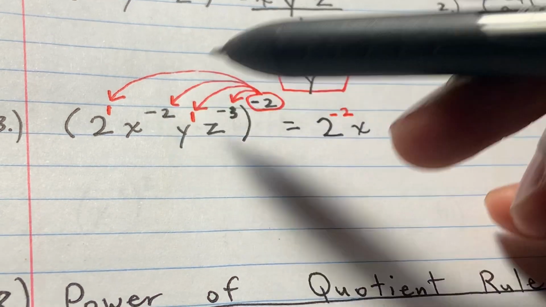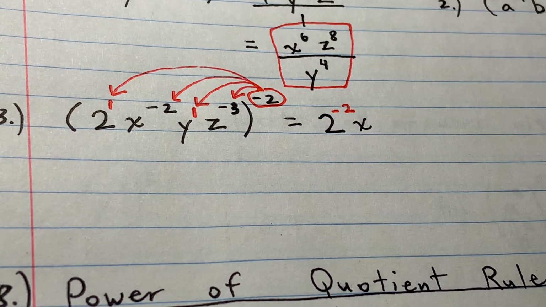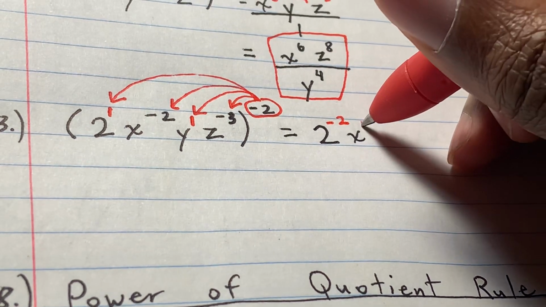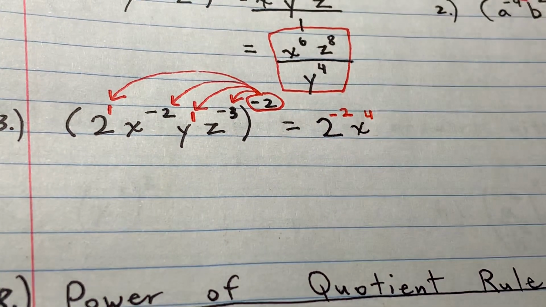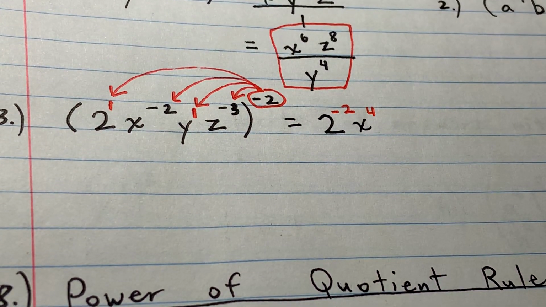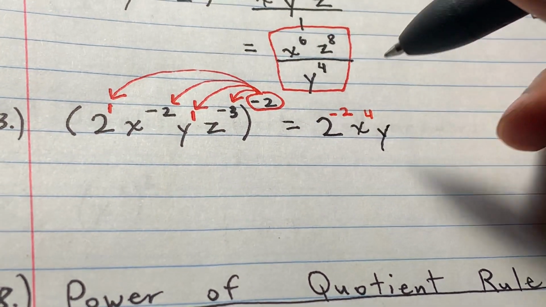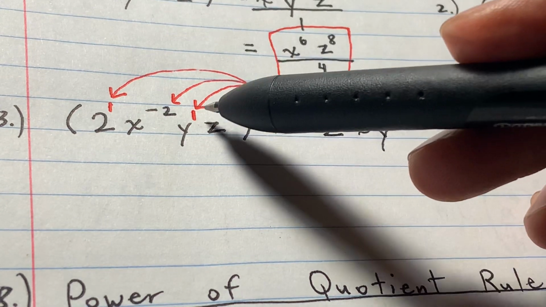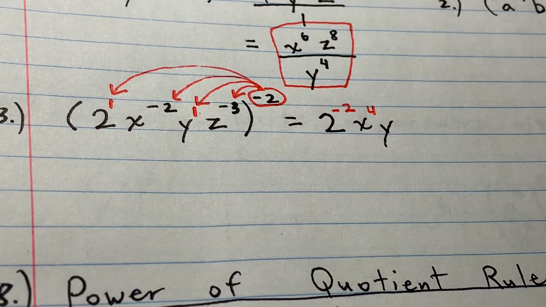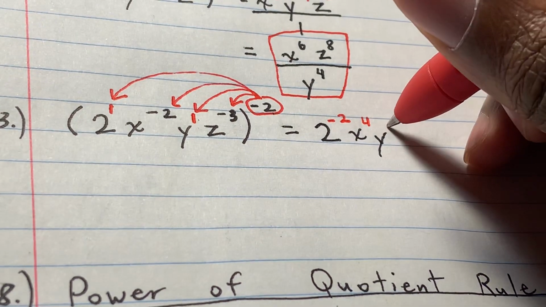The exponent -2 gives me what, someone? Someone just said a +4. Very good. Okay. Don't forget our next variable base, which is y. -2 times +1 is what? Someone just said -2. Very good.